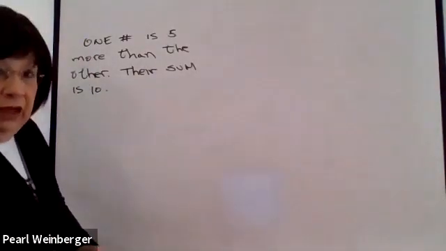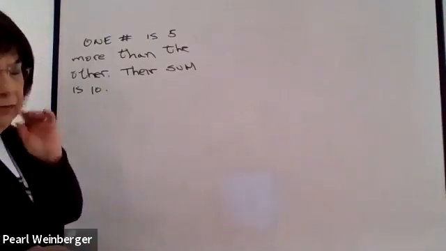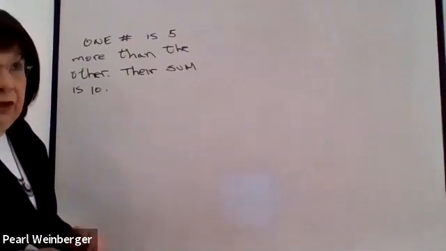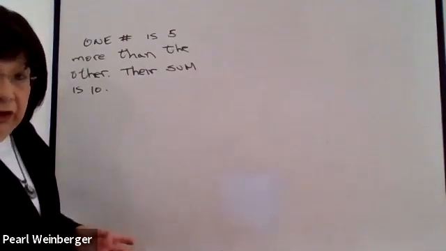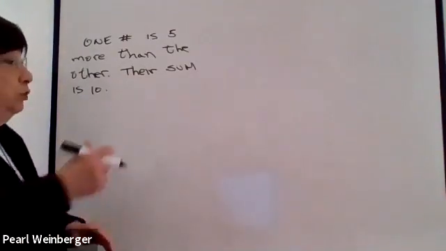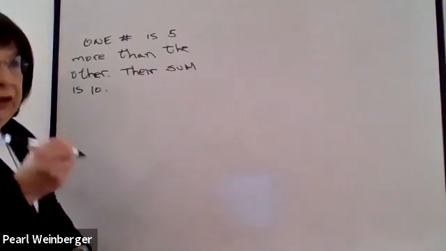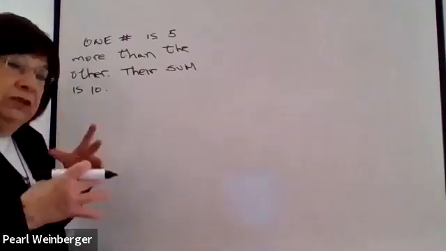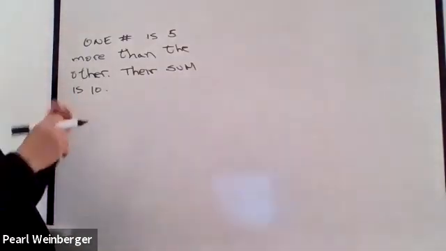Whenever I want to solve a verbal question, the first thing I really want to do is decide what I should call my variables, make what's called a legend. Write down what your variables stand for. Because if you know what your variables stand for, then it's going to be easier to write the equation.